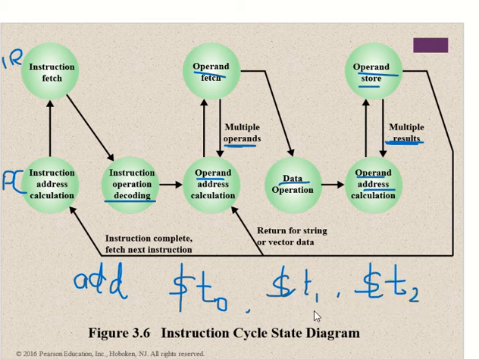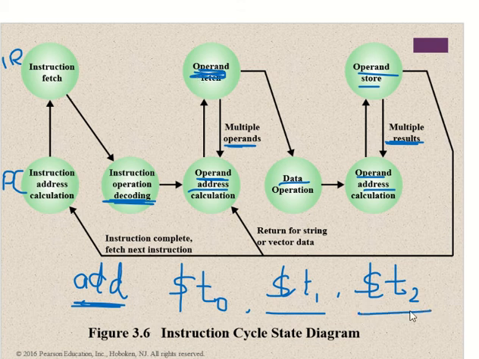So here this is your add. You try to understand the operation. The operation is adding. Now find out the operand's address. So where is operand 1? Fetch the operand. Take the operand from the register. And you still have a second operand.